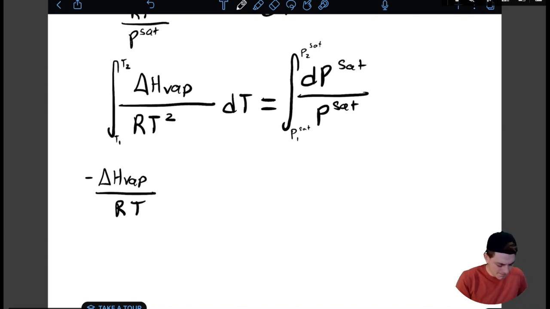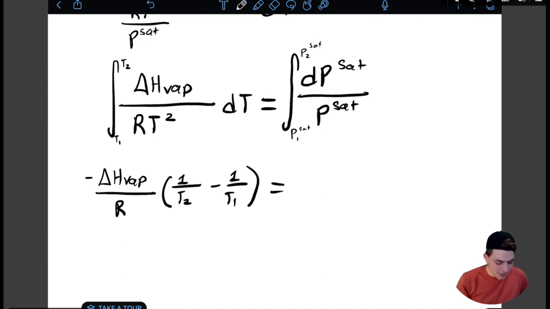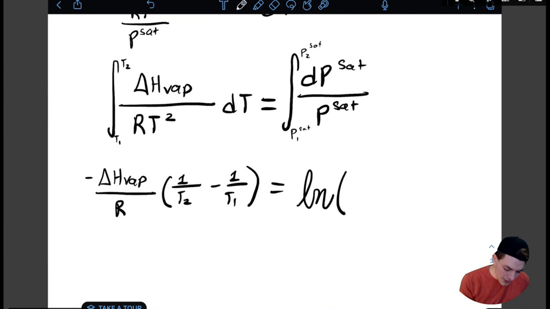There we are. 1 over T2 minus 1 over T1 is equal to, we have 1 over our saturation vapor pressure here, so that should be natural log of P2 sat minus natural log of P1 sat.